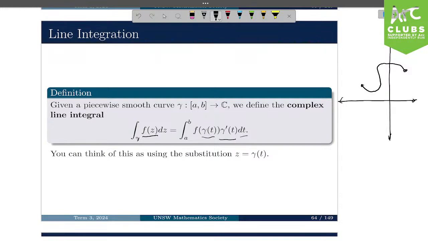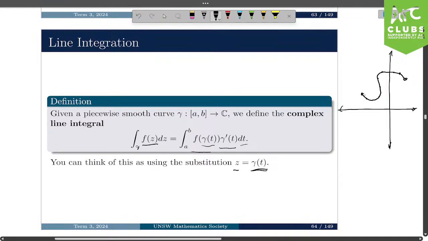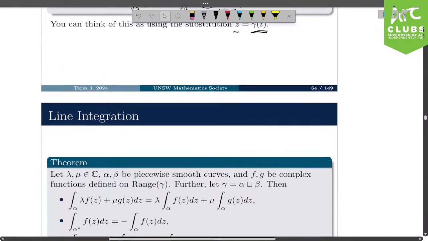So basically we're just using the substitution z equaling gamma of t, which is a perfectly valid substitution because at every step along our integral, z is going to be equal to gamma t for some value t, because we're only evaluating along this curve. So the reason this is good is because this allows us to turn a complex integral, which can seem quite opaque, into a real integral, which we know how to do.